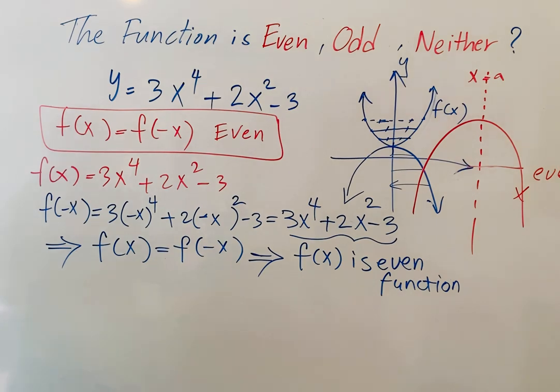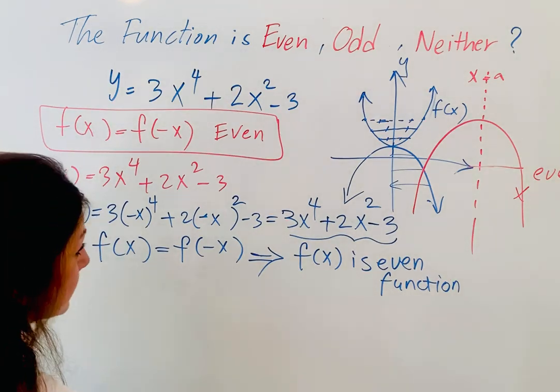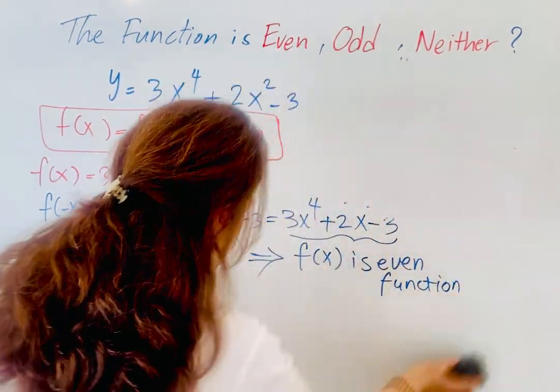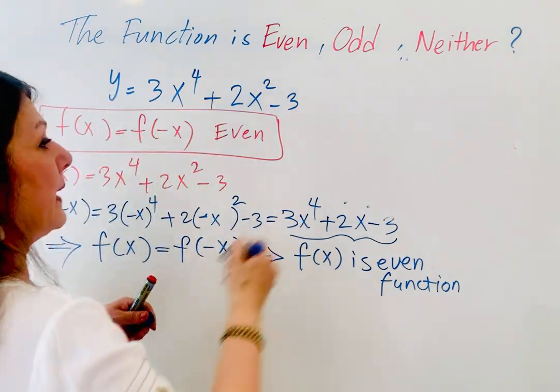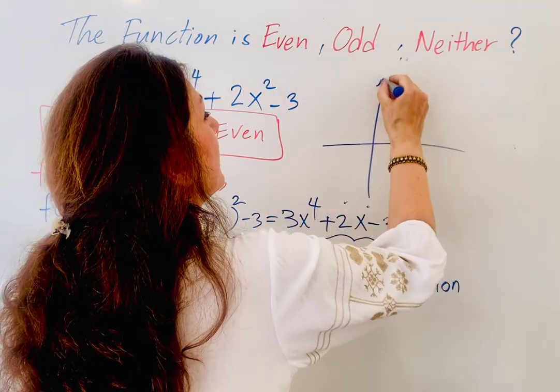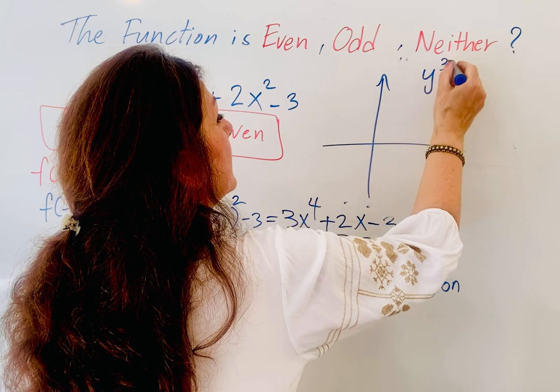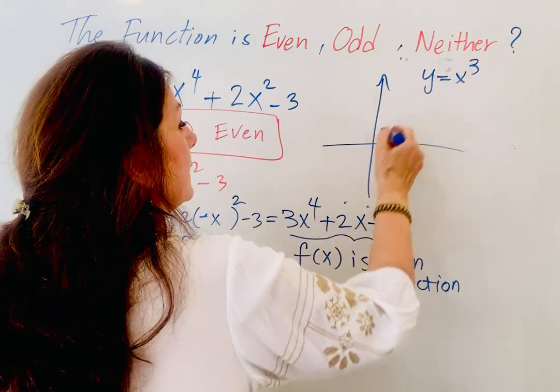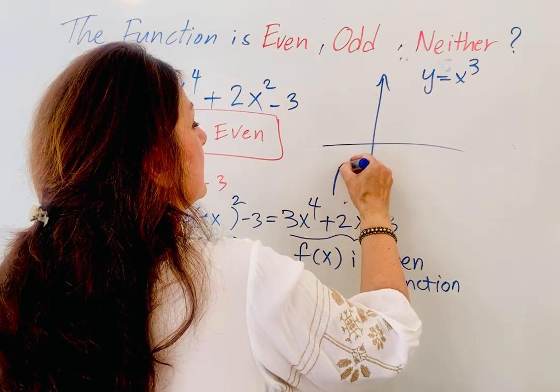And for the odd, for example, what is the parent function of y to the 3? X to the 3. This is like this one.